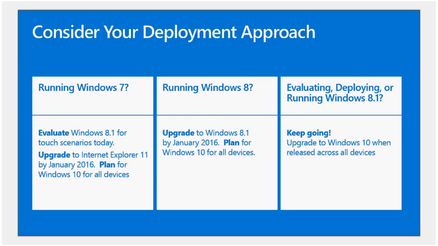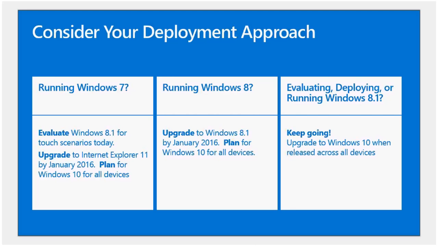What we do think is worthwhile still with Windows 8.1 is using it on touch-enabled devices and tablets for specific scenarios. Like maybe they're evaluating using tablets for a particular line of business application or a certain population of their users wants to be able to use small, lightweight, portable tablets.